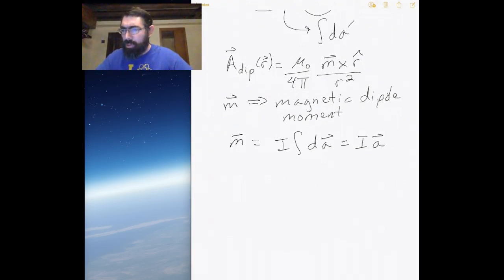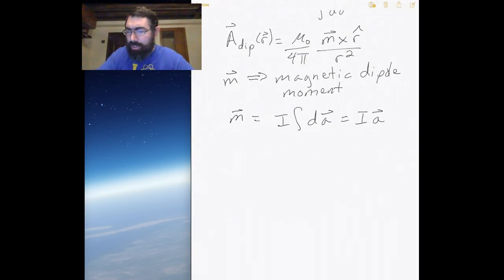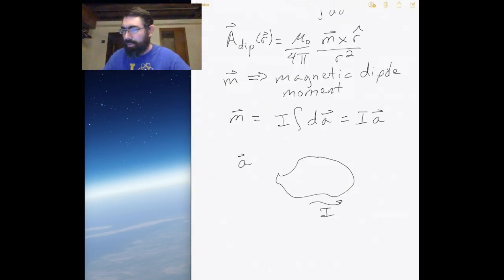So I'll redraw the picture. What we have is our area right here. Our current is flowing in that direction, and we should have some area vector n hat.